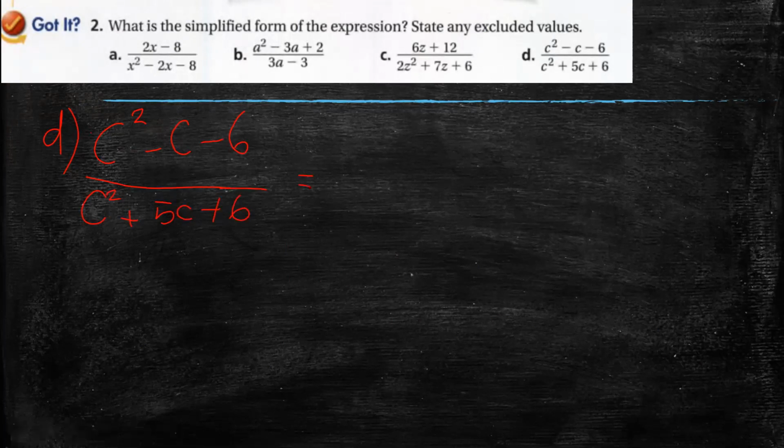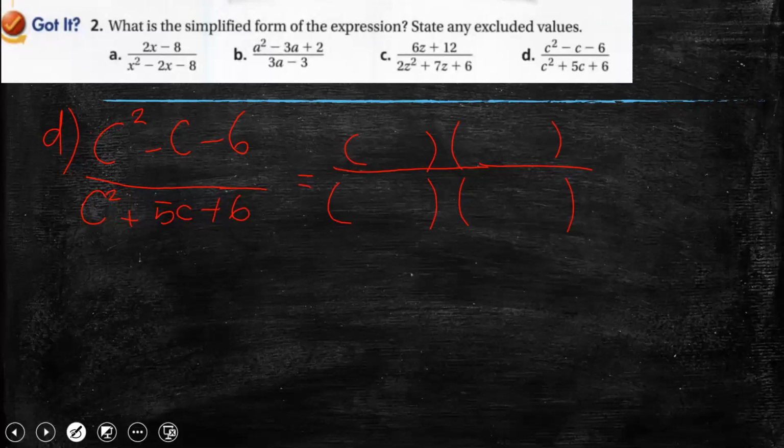Now, as we said yesterday, since we have a trinomial, we have to factorize it as we learned in chapter 8. Here we have c and c.